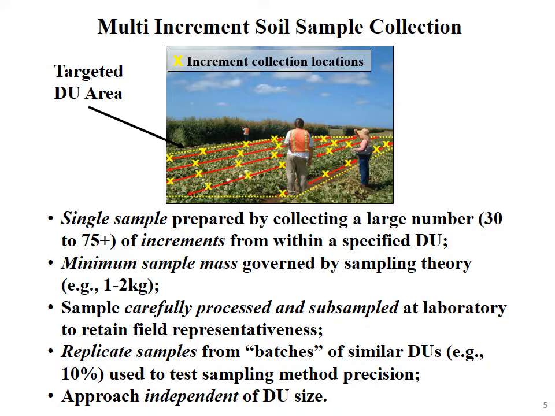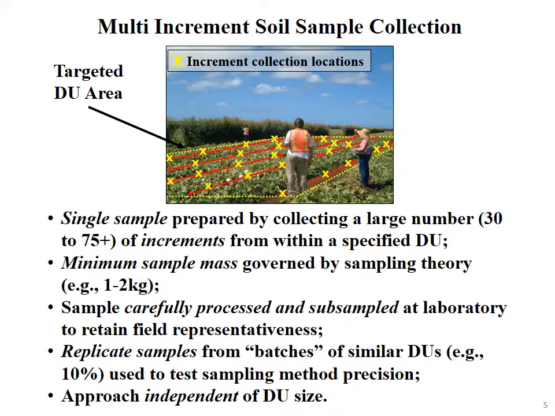Then they'll go through and collect a subsample for testing from 30 to 50 points or more within that sample. So in this case, the data you get back from the laboratory represents the sample you sent to the laboratory. The sample you sent to the laboratory represents the targeted area where you collected the sample from in the decision unit.